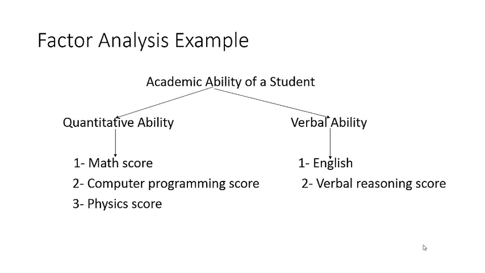But one thing is clear from here: factor analysis is a technique in which we group similar variables into different buckets. So instead of using the variables, we just use the buckets or the factors in their place. That's the way we can reduce the number of variables.